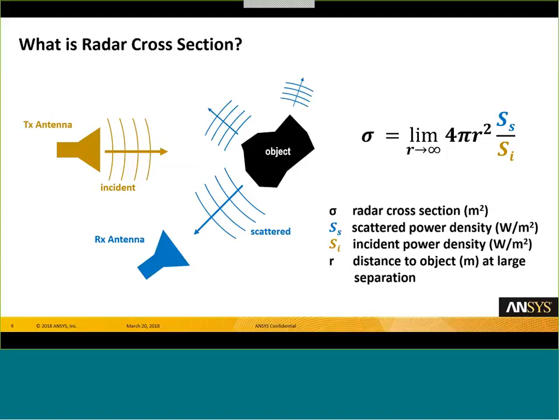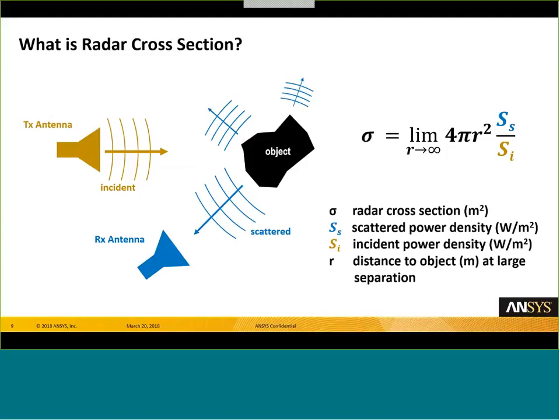Mathematically, this is one way to define radar cross-section. Sigma represents the RCS value. You can see there's a scale factor in there, and there's a numerator defining the scattered power density, and in the denominator, we have the incident power density.